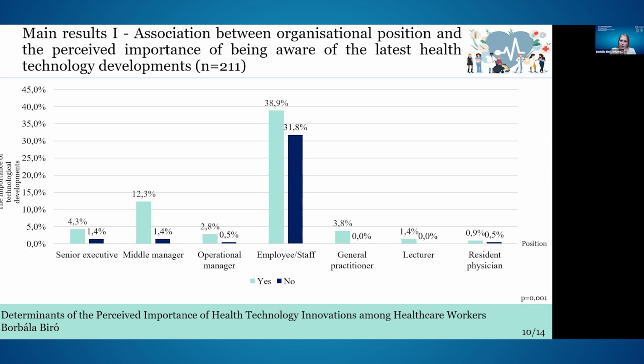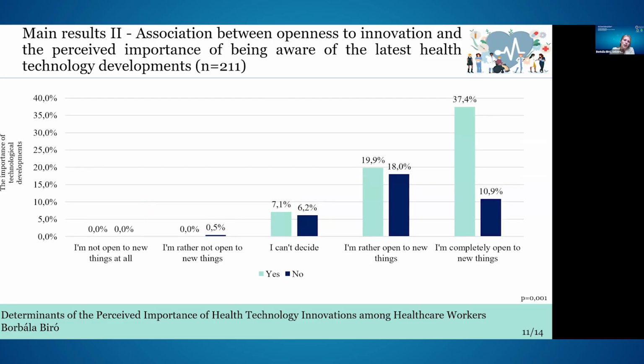Leaders more often rated knowledge of the new technologies as important, whereas employees, the largest group, were heterogeneous, with the highest shares both following new technologies and not following them. However, there are still individuals at all experience levels who do not consider it important to keep up with technological progress.